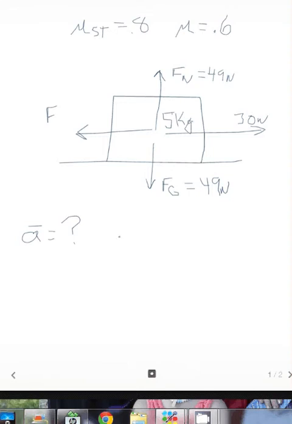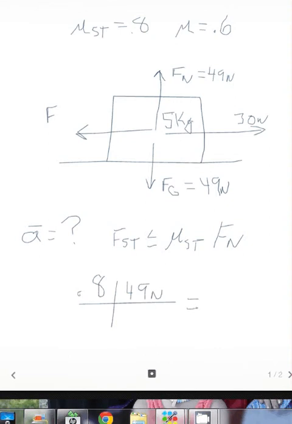So if we're looking for the acceleration, the first thing we have to do is see if we can overcome static friction. So static friction is less than or equal to the coefficient of static friction times the normal force. So in this case, static friction is less than or equal to 0.8 times the normal force, which is 49 newtons.